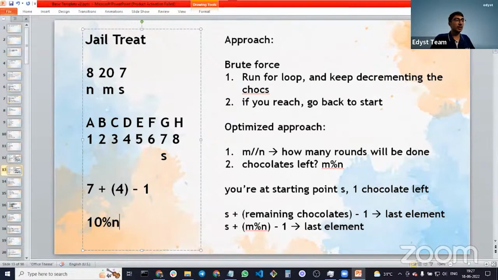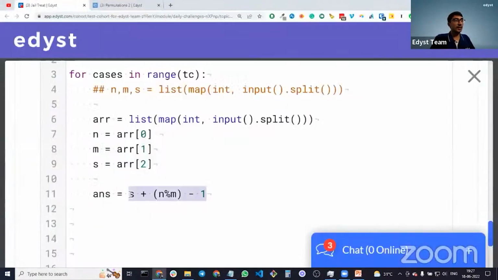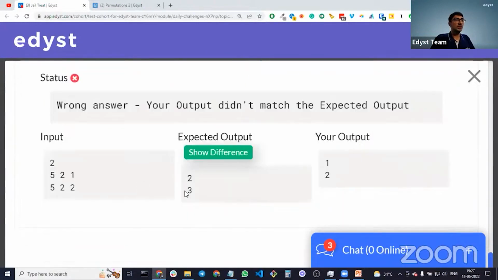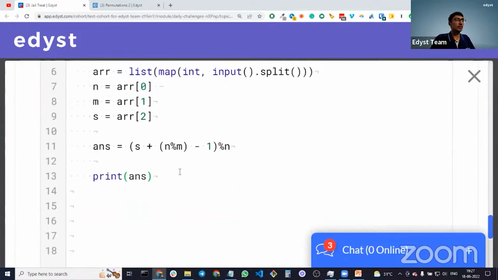Okay. So we just have to add finally another modulo N as well, in case even that is overflowing, so we need to come back. So print answer. Let's see if this one works out. Okay, it didn't. We are giving 1 and 2. Hold on.